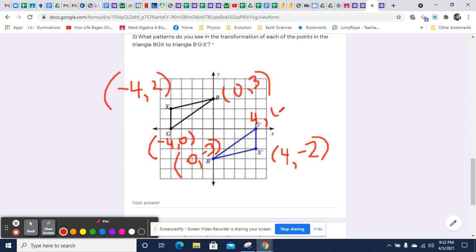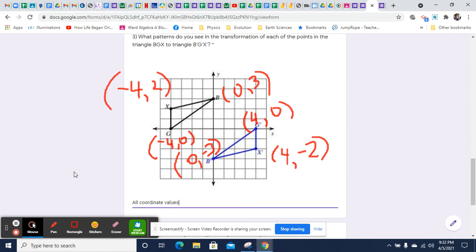So when we rotated 180 degrees around the origin, all that happened was all coordinate values had their signs switched. All coordinate values had their signs reversed. Okay, and that's pretty much the pattern. And that's what you're always going to get if you rotate something 180 degrees around the origin.